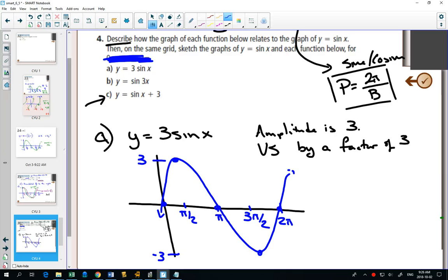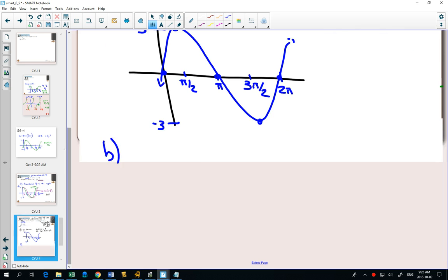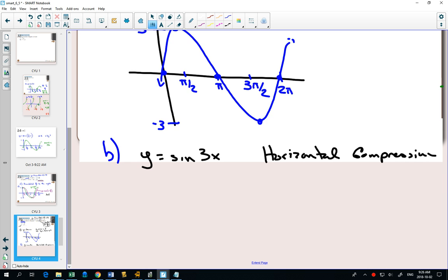So part B. Part B, if we were describing this, is a horizontal compression by a factor of 1/3.